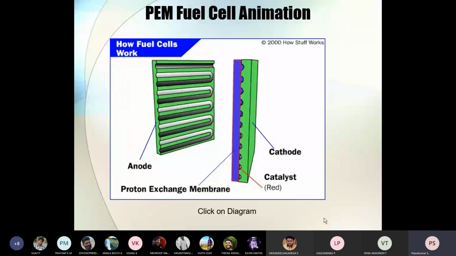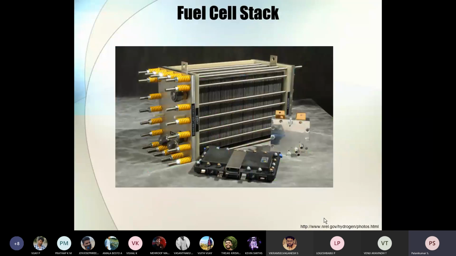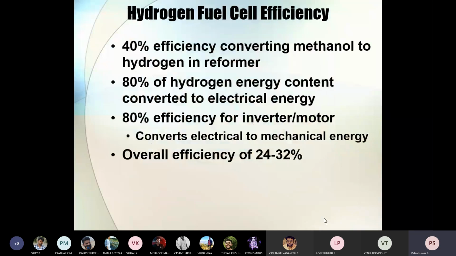This arrangement will not work without a catalyst. With that catalyst only, I can separate the hydrogen molecule into two ions. Compared to other energy storage systems, there is about 40 percent efficiency.